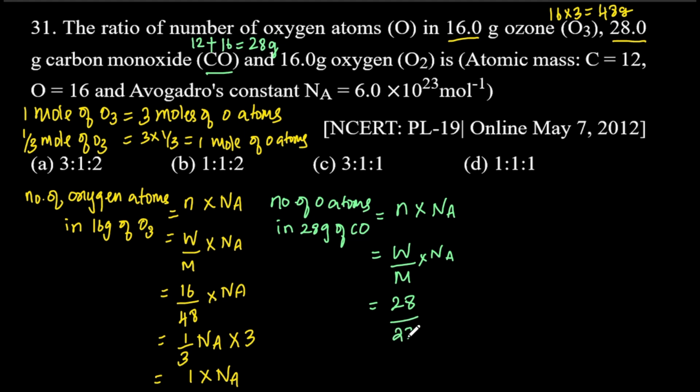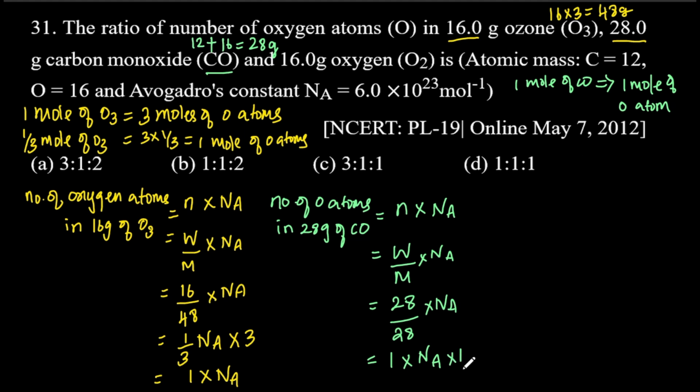So 28 divided by 28 into Avogadro number. Here you will get 1 into Na. Here 1 mole of CO. 1 mole of CO contains how many oxygen atoms? It contains only 1 mole of oxygen atoms. So here you have to multiply by 1, which is the same.